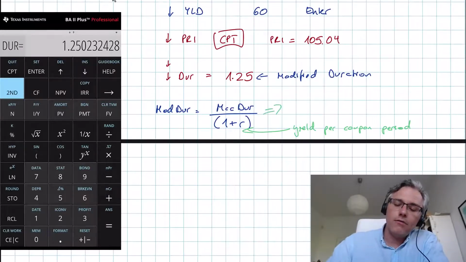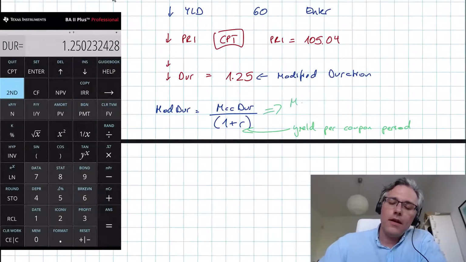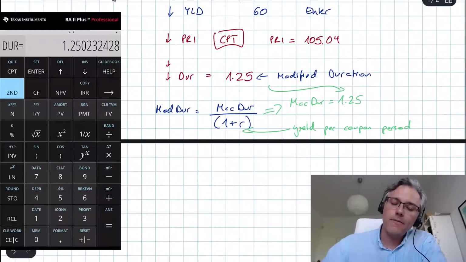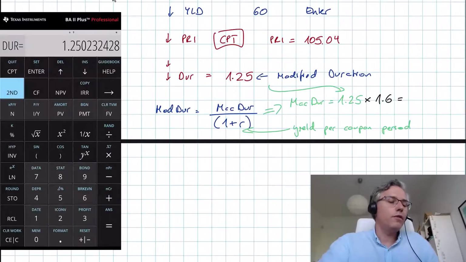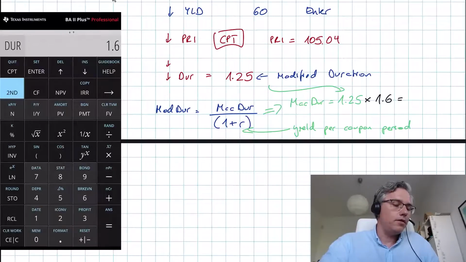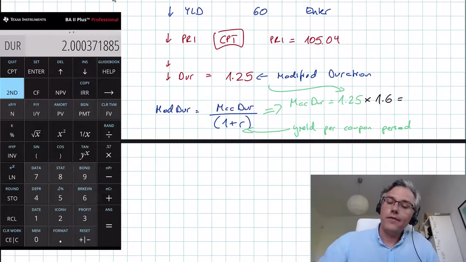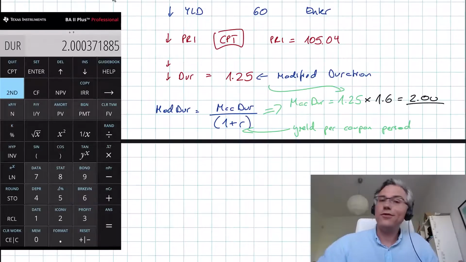So let's do a quick conversion between the two. Macaulay duration will equal whatever modified duration was, 1.25, as displayed on our calculator, times 1.6. Let's see if this works. I've still got the 1.25. If I multiply that by 1.6, oh, very nice, I get 2.